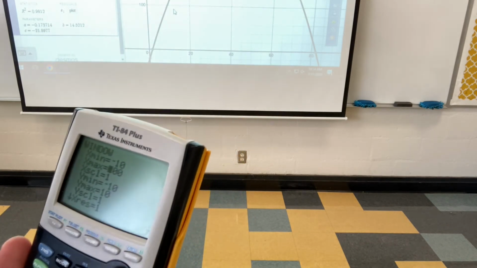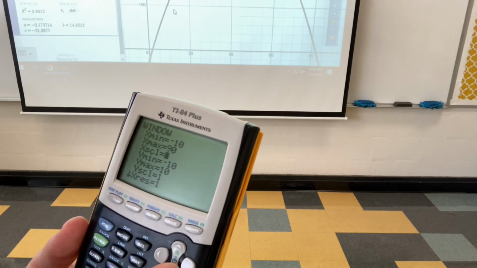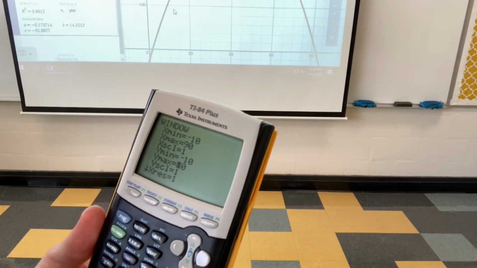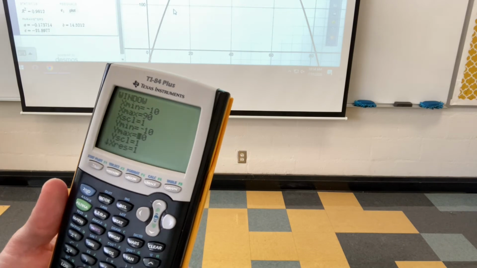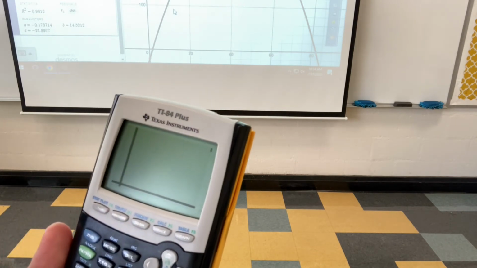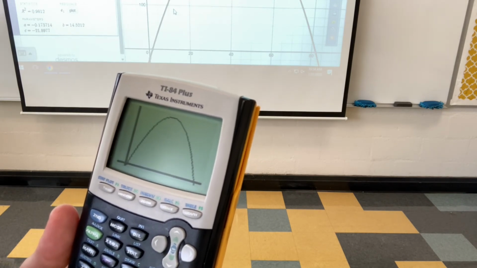The angle is, maybe 90 would be the max. The y min, let's see, we start with 0, but negative 10 is fine. And then y max, the total distance, I think the highest one would be under 300, so we could just do 300 as our max. So now if we hit graph, we can see a really good picture of that.